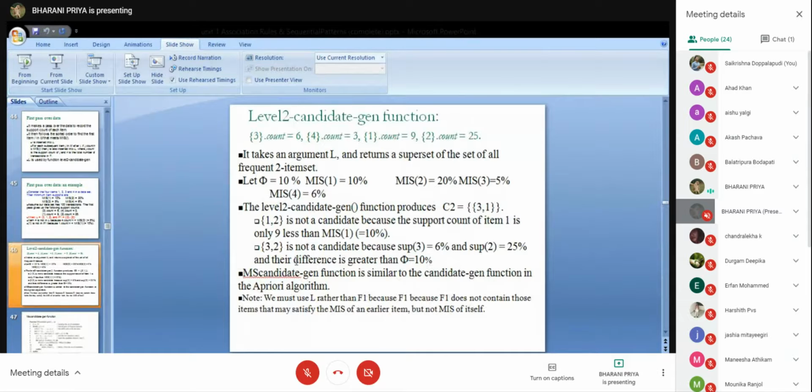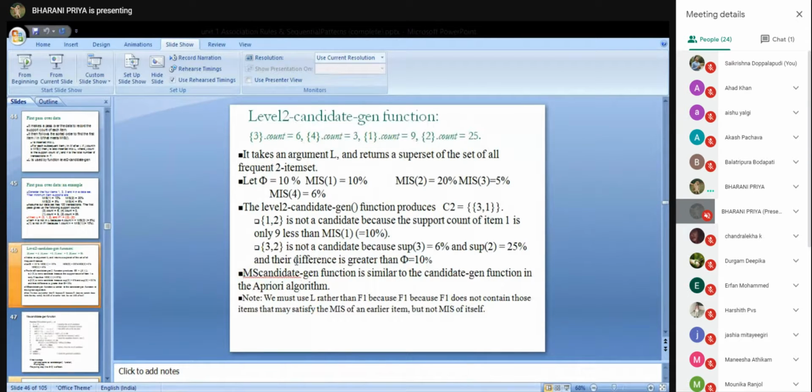Level 2 candidate generation. You are taking the argument L and the frequent sets, and now we are introducing the constraint value. What is the 5 here?